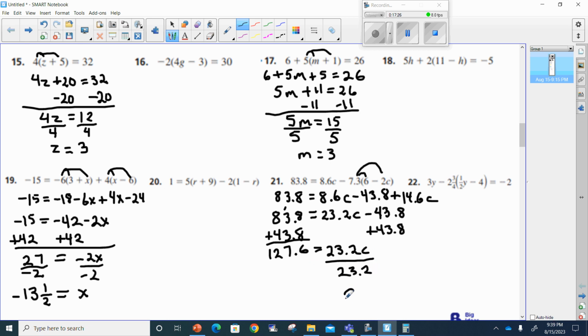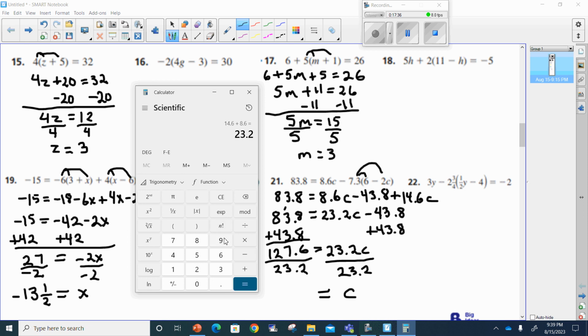That gets C by itself. And whatever I divide from one side, I do the other. All right, now I have to take 127.6 and divide it by 23.2. That gives me 5.5.